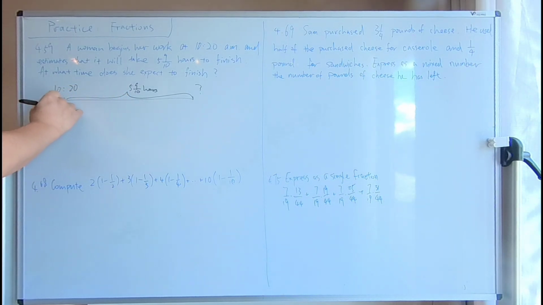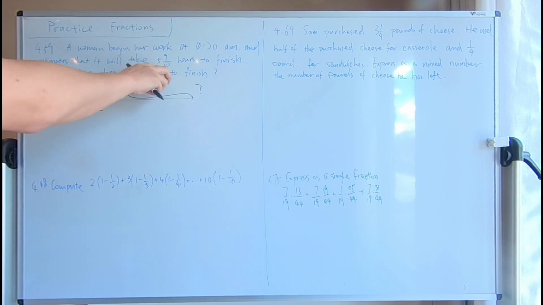So 5 and 9/10 hours. Another friendly reminder is that when you're working on any sort of word problem, because the word problem comes from your daily life, and in our daily life, quantities have units. For example, when we say 5, we need to say 5 hours.